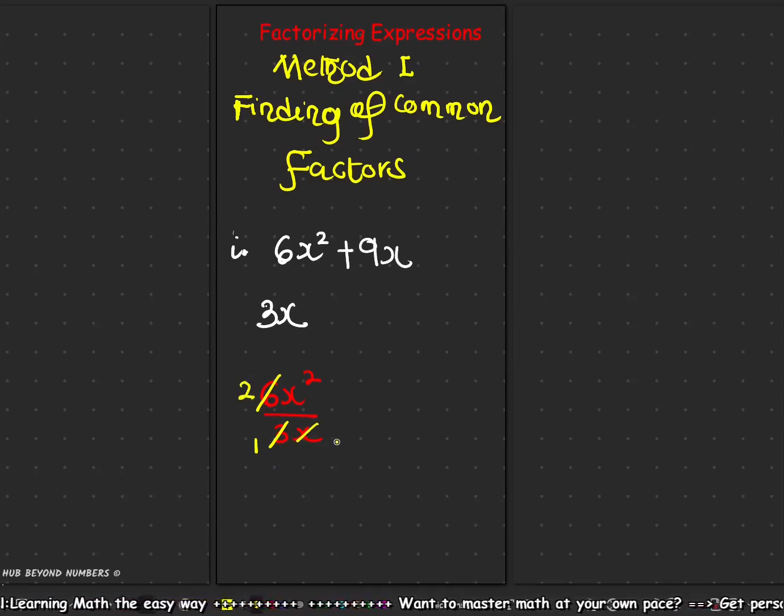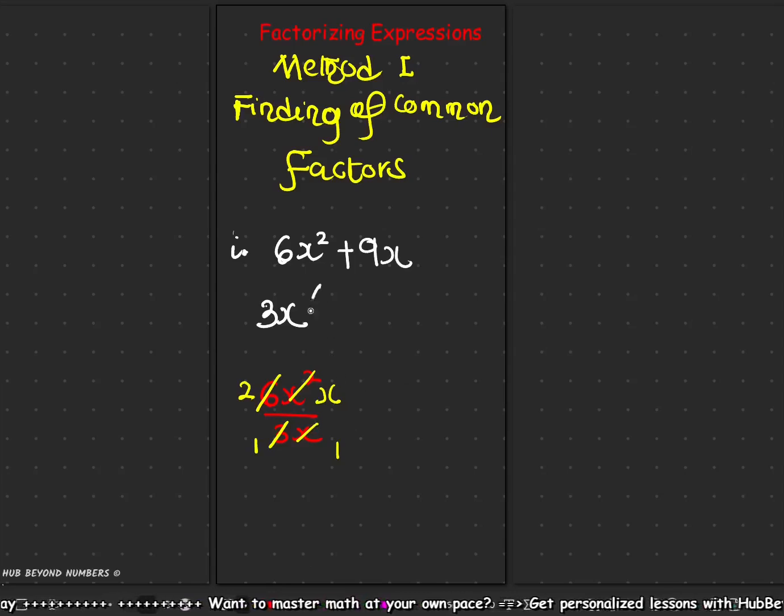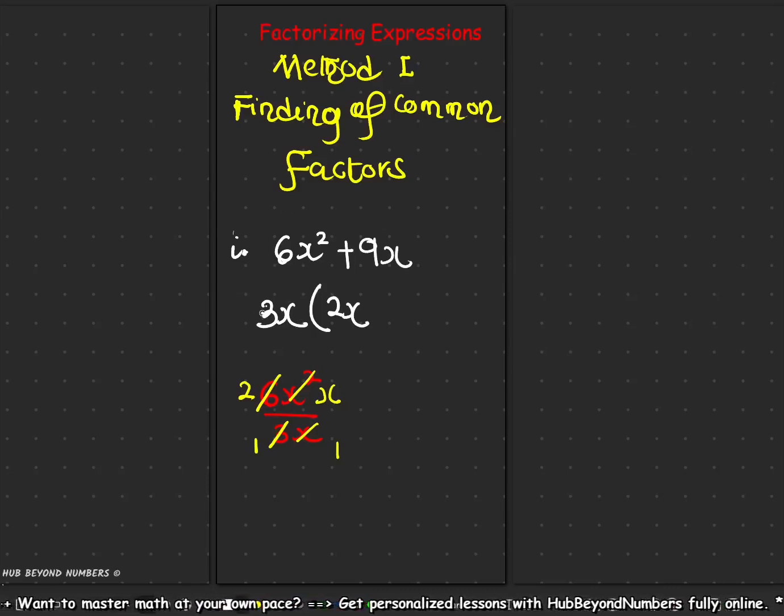X also divides itself once and also divides x squared to give us x. This is covered in the division of algebraic expressions. You can revisit that if you are finding anything confusing. After our division, our result is going to be 2x. So you write our 2x here. And what this means is if you multiply 3x by 2x, you are going to get 6x squared, because 3 times 2 gives us 6, and x times x gives us x squared.